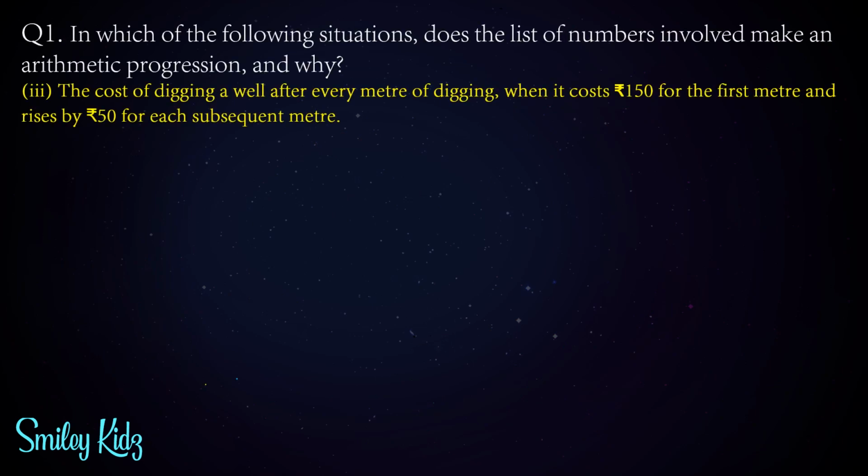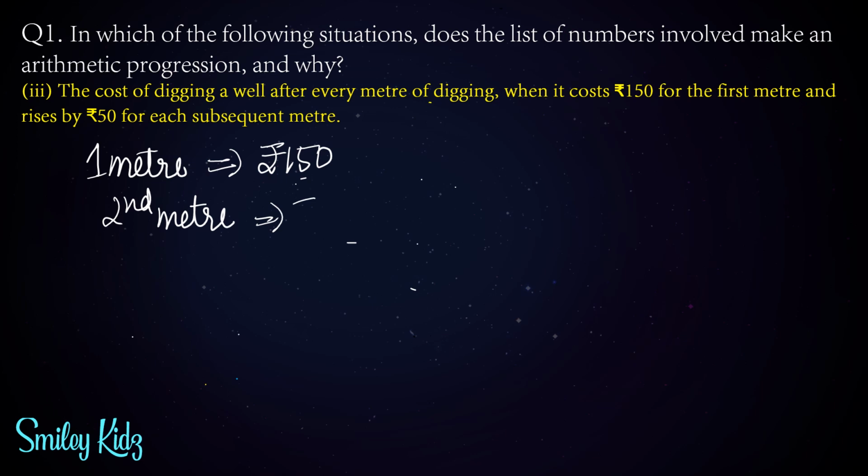Moving forward, we have the cost of digging a well after every meter of digging, when it costs rupees 150 for the first meter and rises by rupees 50 for each subsequent meter. Now, for the first meter, it costs rupees 150, followed by the second meter, which will be what?